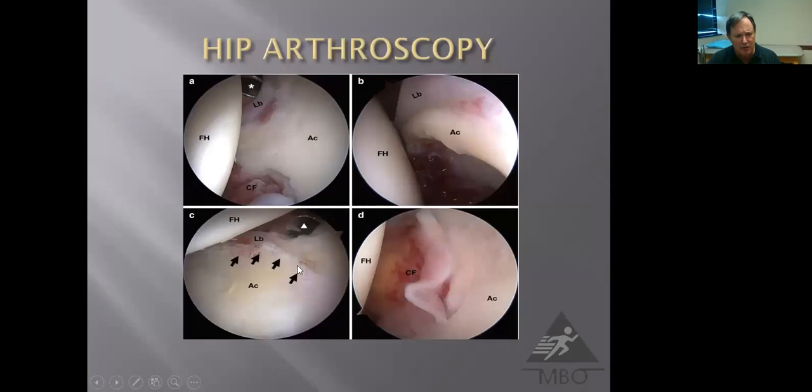And again, this can be surgically repaired or just smoothed out. And what you do about that is generally determined by the patient's circumstances. Your treatment for a 25-year-old shortstop is going to be different than your treatment for a 60-year-old who just has some intermittent pain. This is one of the more common causes of snapping from the hip joint itself.